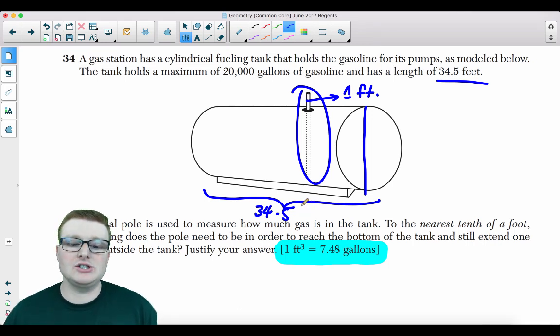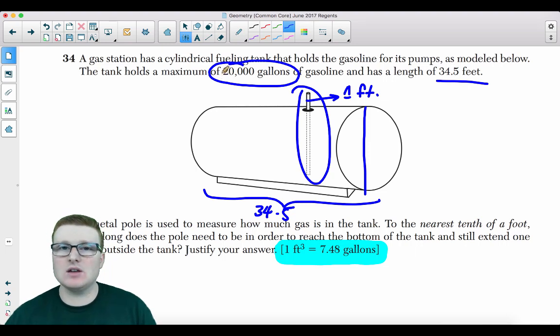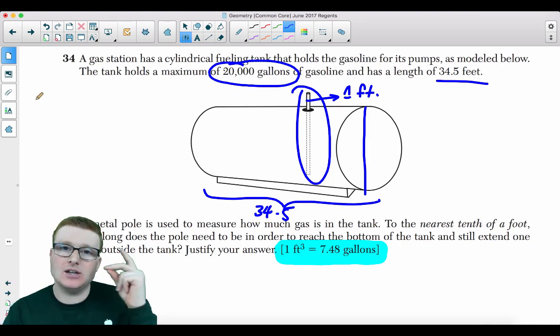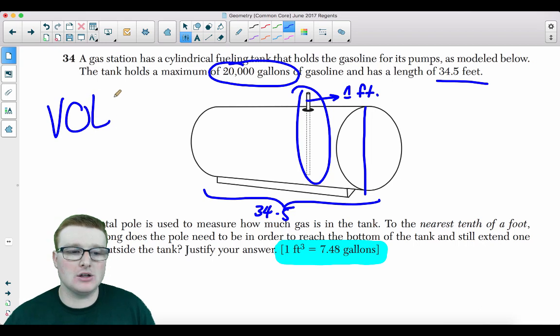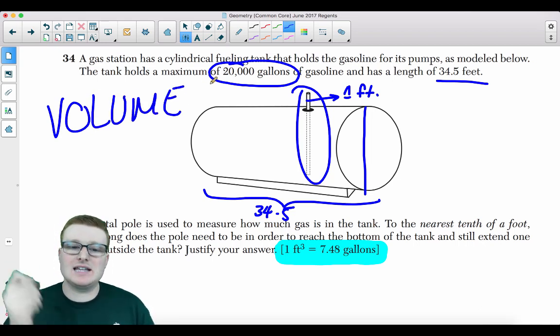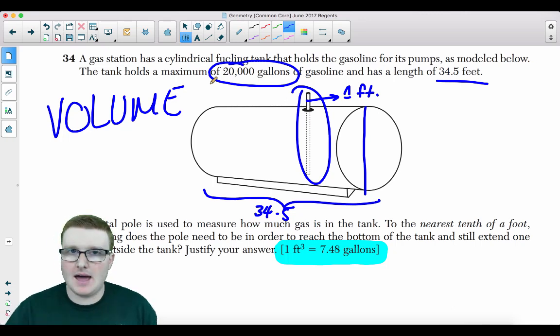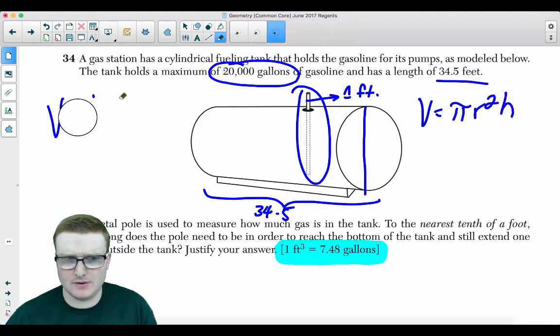Well, ladies and gentlemen, what does holding gallons have to do with a cylinder? By the way, this is a cylinder because it says it. What should be popping in your head right now is volume. You need to use the volume formula of a cylinder to get the radius, then eventually the diameter, then eventually the answer. So the volume of a cylinder is pi r squared times the height. Here's our problem, folks.